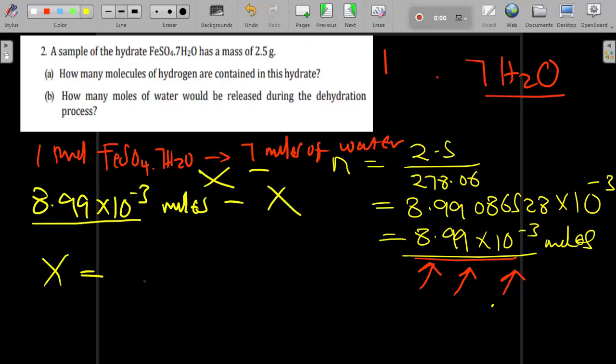We are going to get a similar number to what we did for the molecules of hydrogen. So we say 8.99 multiplied by 7.